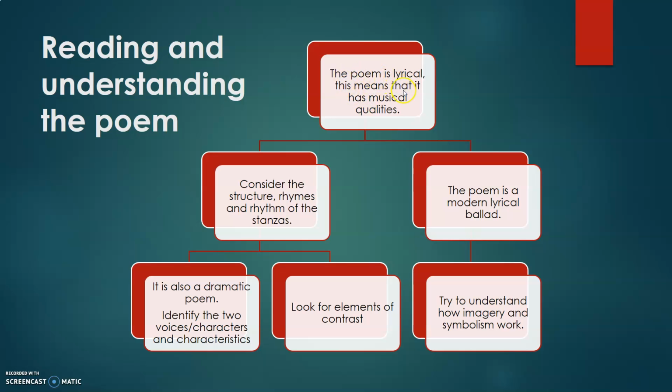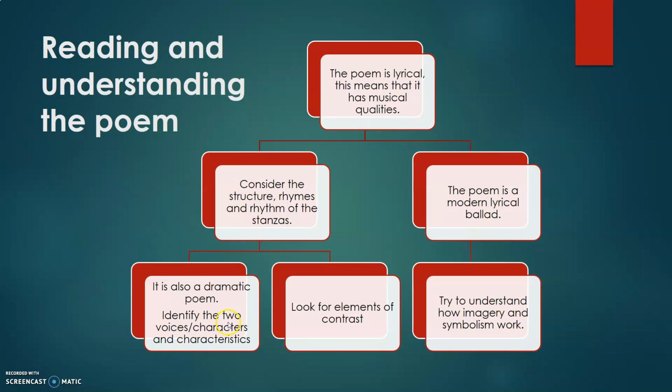We said the poem is lyrical, and that means it has musical qualities. We said you should consider the structure, the rhymes, and the rhythm of the stanzas. We said it is a modern lyrical ballad. We also identified it as a dramatic poem.